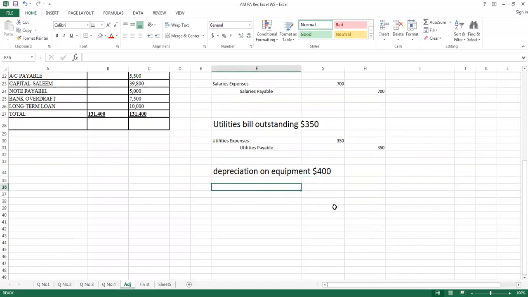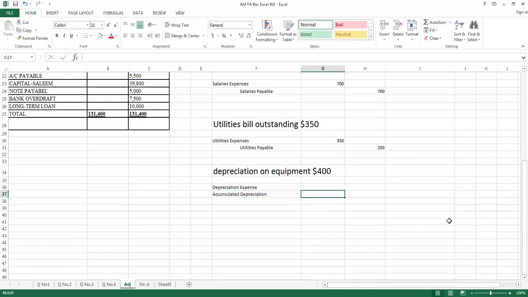The adjusting entry for this one is very simple, and the adjusting entry will be depreciation expense debit and accumulated depreciation credit.